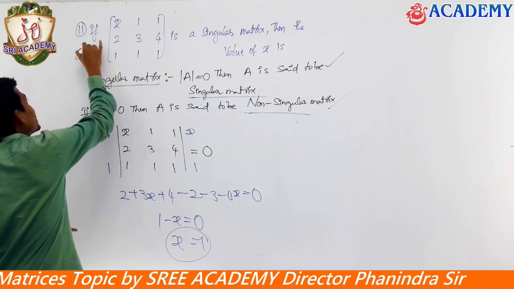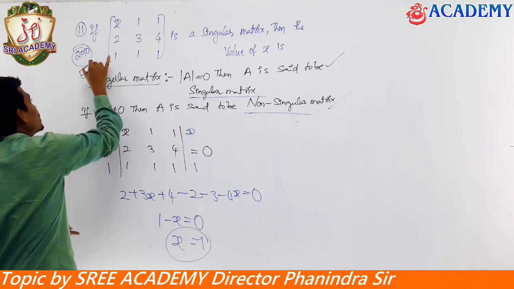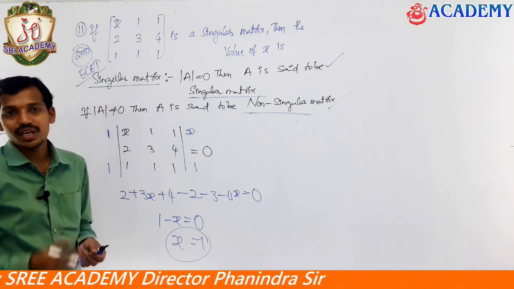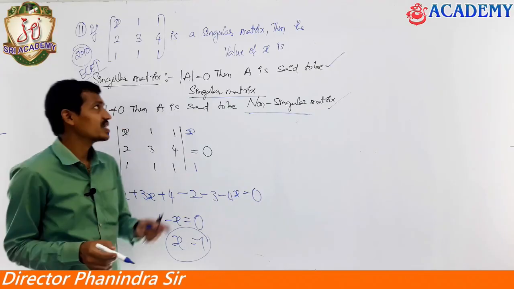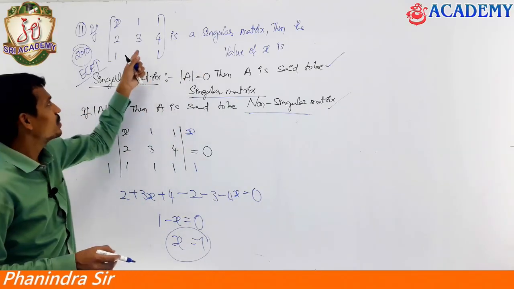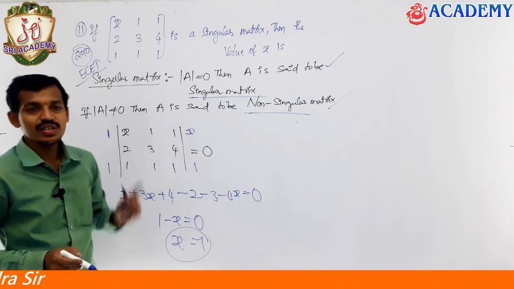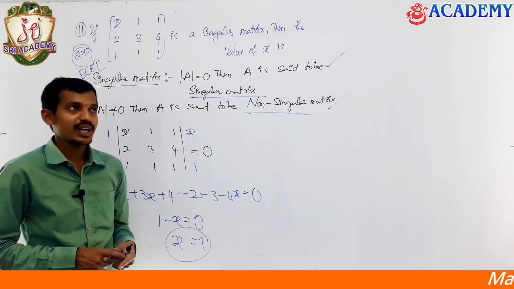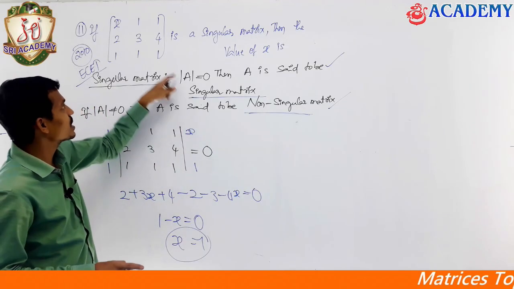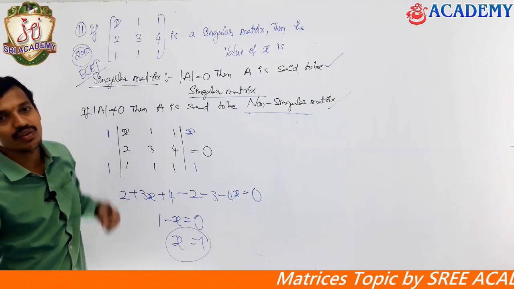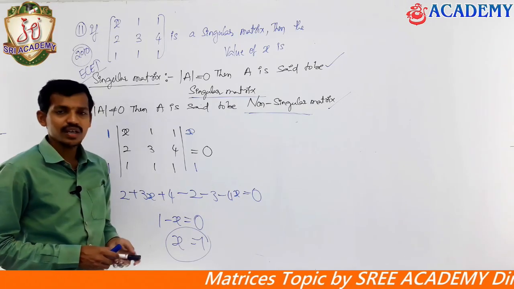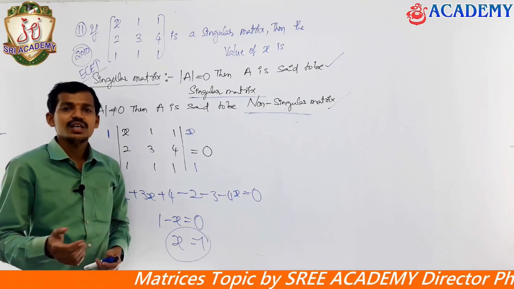This is a 2010 ECET question, and in 2019, 2016, 2017 also a singular matrix was given. Simply equate the determinant to 0, then you will get the singular matrix. By this equation only we find the unknown. It's very easy. Okay, let's see more results here.